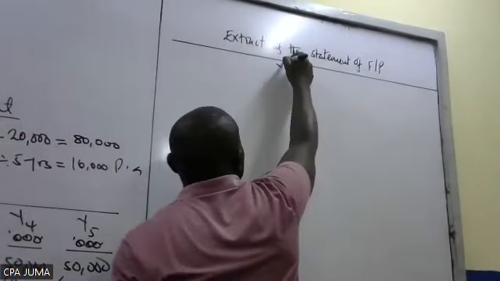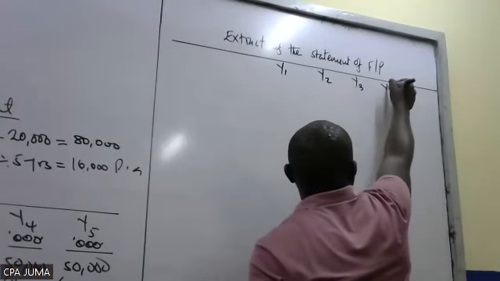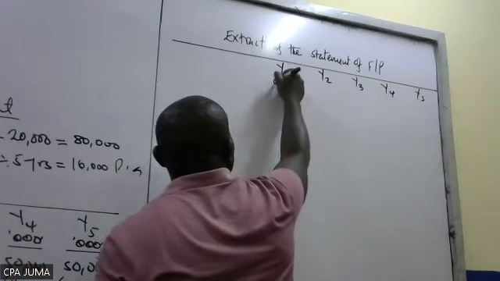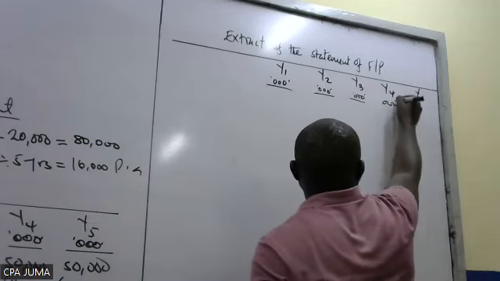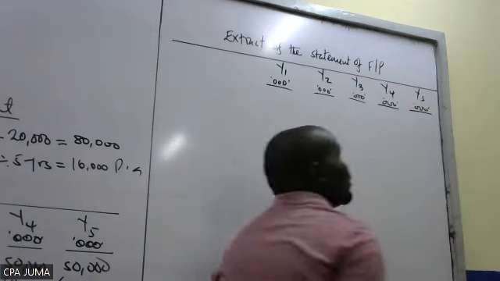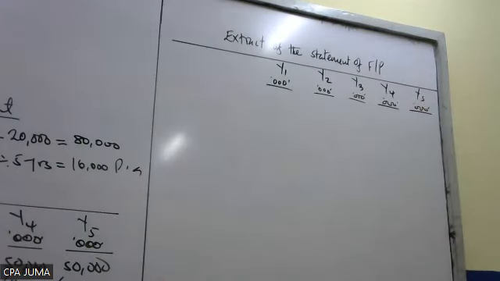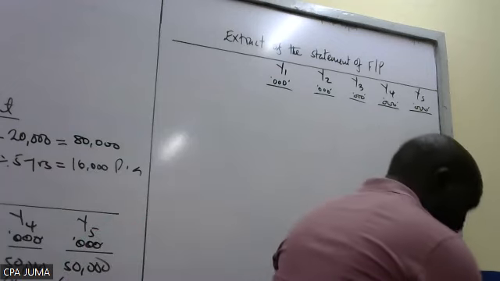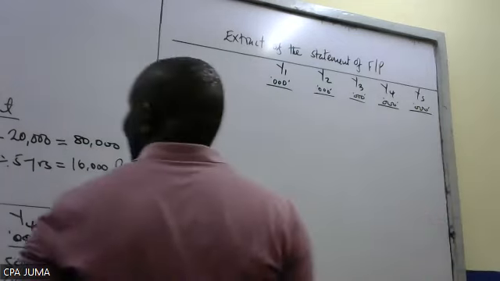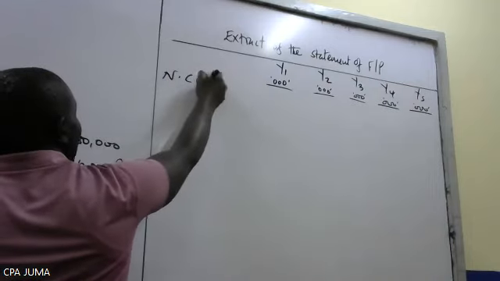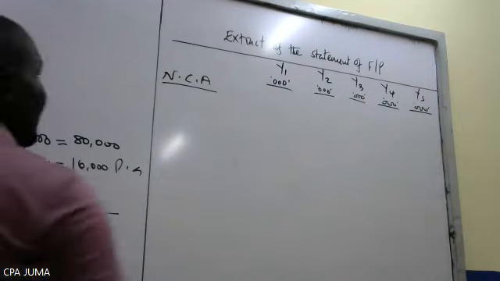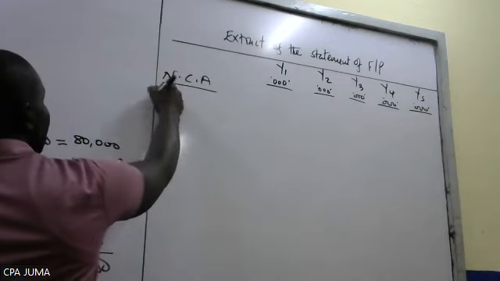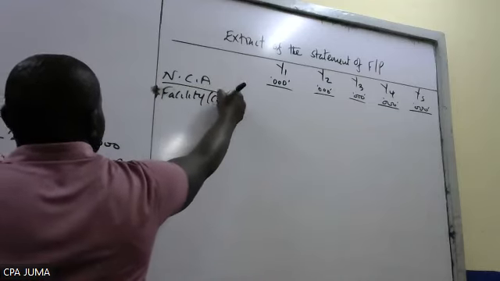So year 1. Okay. So non-current assets. We now have facility, but bring it at cost.